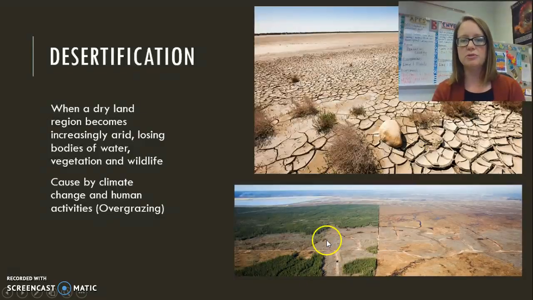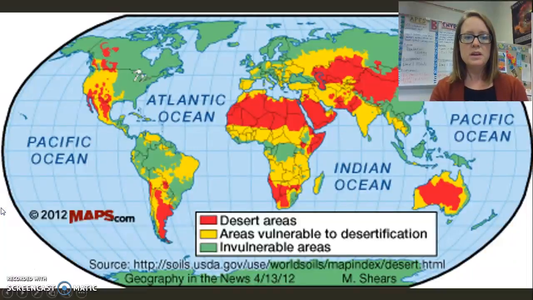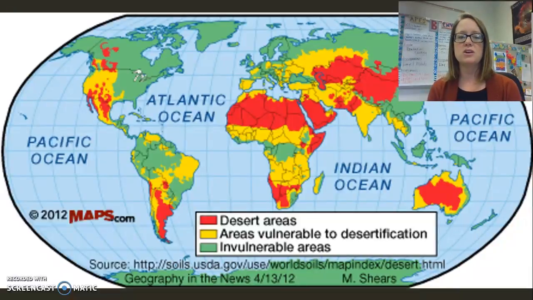And you can see here a before and after of an area that's already arid that has become even more dry. So this map shows in red are the areas that are already deserts. They're desert biomes. And then the surrounding areas in yellow are those that are currently vulnerable to desertification.